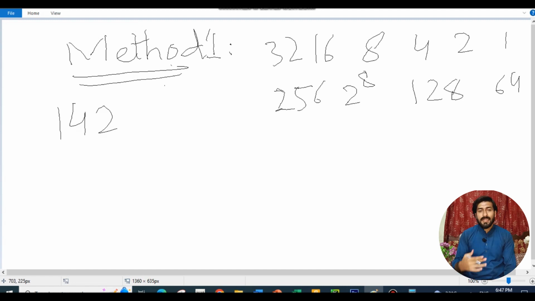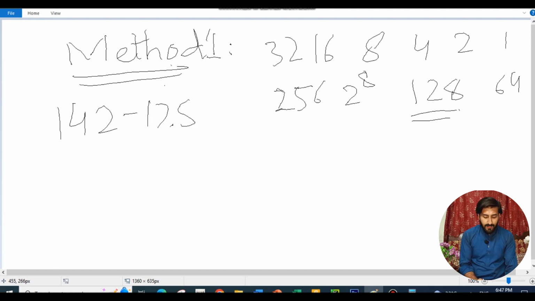Now 256 is greater than 142, so we will not write that heading because we cannot subtract that from 142.